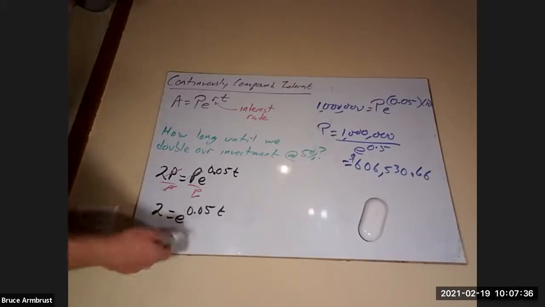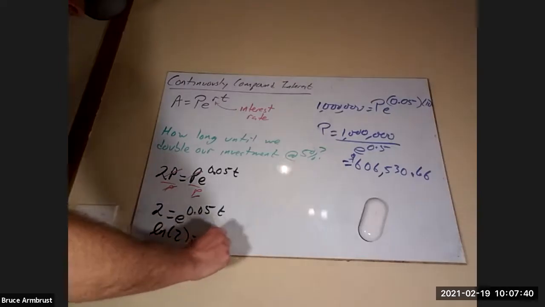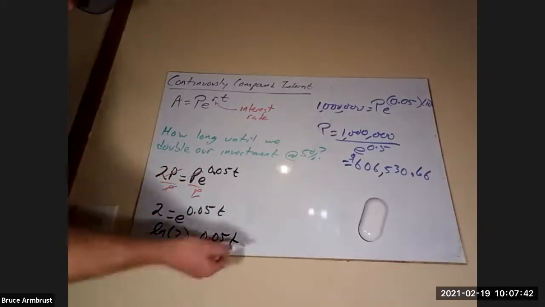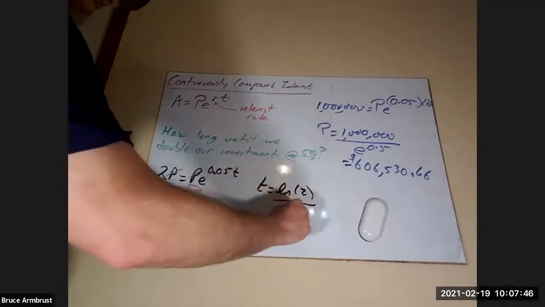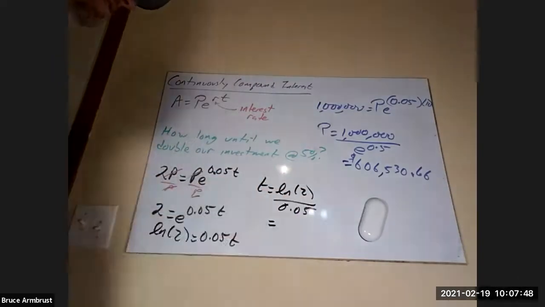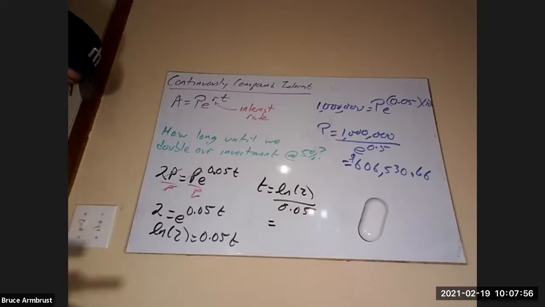All right, well, take a natural log of both sides. We can divide by the 0.05. And now we're ready to get our doubling time. So we'll take the natural log of 2, divide it by 0.05.